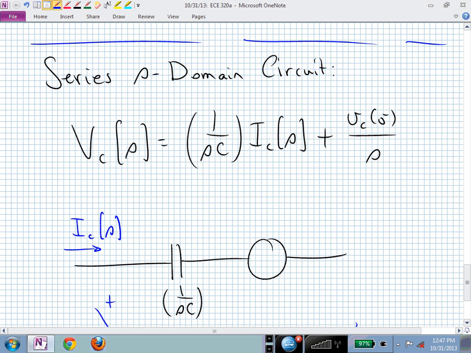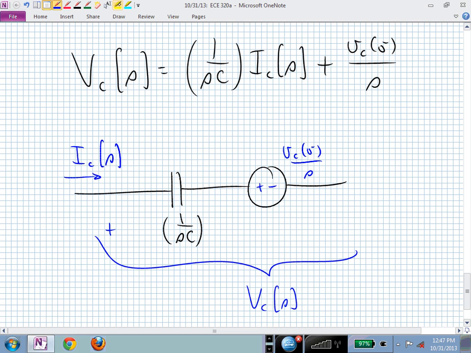And what do I need for that polarity labeling inside that voltage source to look like? Is the positive sign on the left or the right, according to this equation? And if we forget, if you put that in on the left, then you can just check your work and say, let me make sure that I put that in the right place, and you can just write a KVL equation.